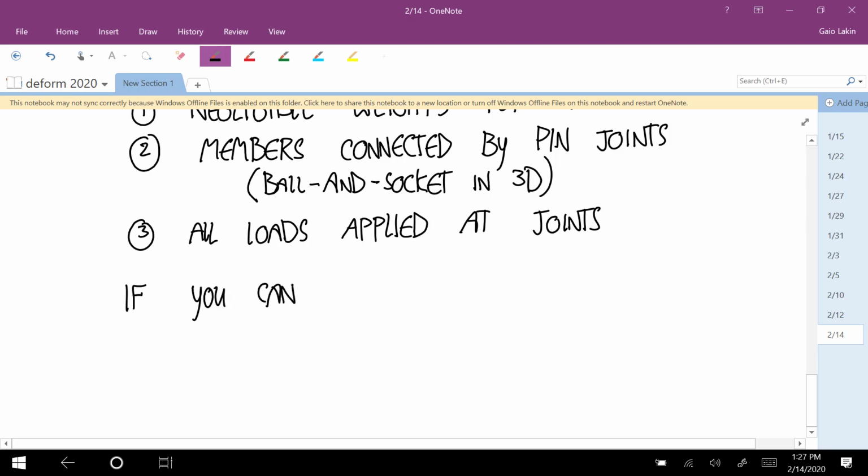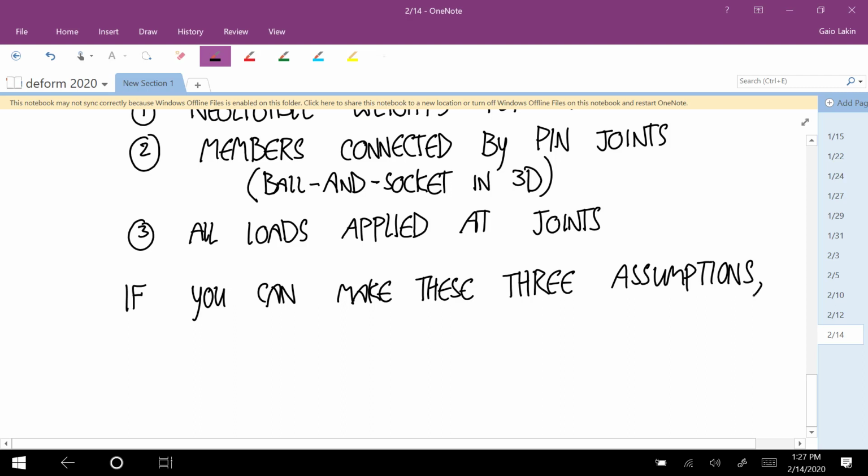if you can make these simplifications or make these assumptions, then you can calculate the loads using the truss simplification.